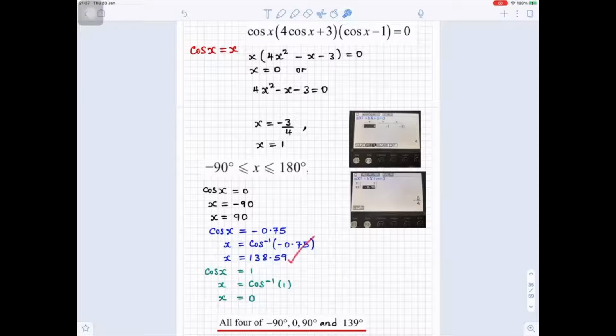So x is 138.59. Cos x equals 1. That means inverse cosine of 1 is 0. So all your four answers are minus 90, 0, 90, and 139. When you round 138.59, you get 139.